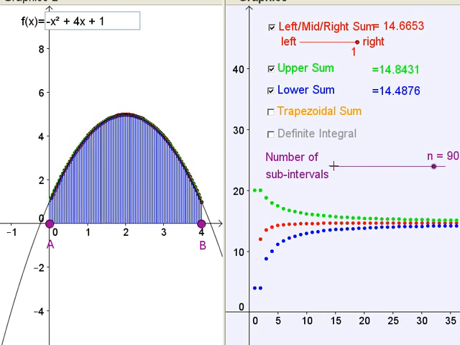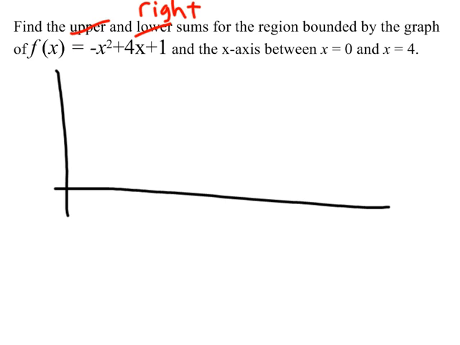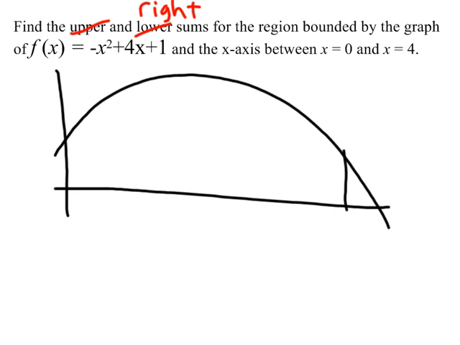All right, so let's go back to the example. We're going to find the right sum, we said. This is such a visual topic, you really have to draw a picture. And our picture was of a parabola that increased and then decreased. And let's say that this is 4 right here.